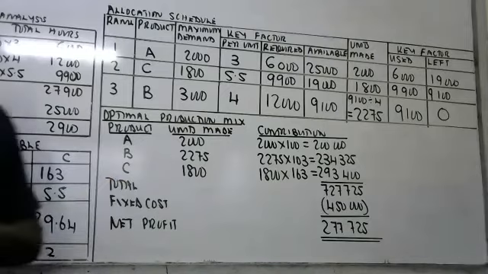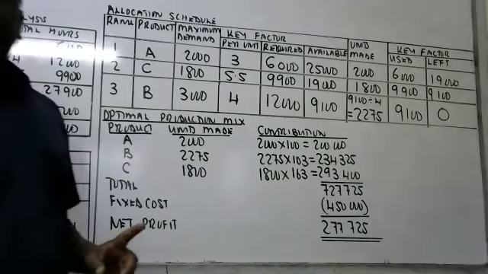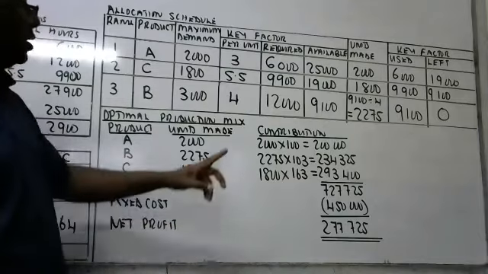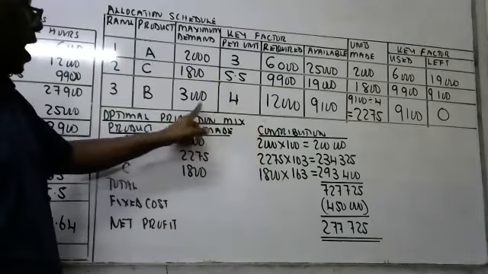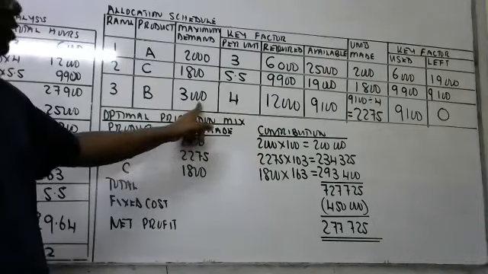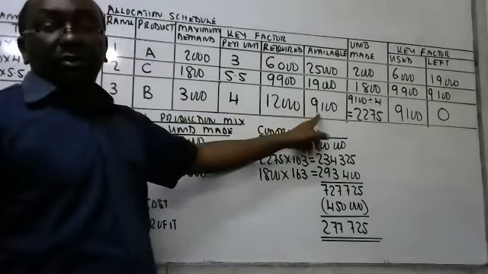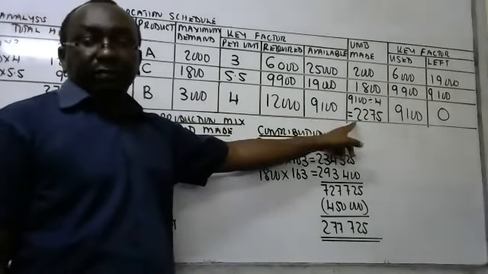Now, right now you can see what has happened is that we were not able to make all the units of B. We required 3,000, but because we had a shortage of hours, we were only able to make this.